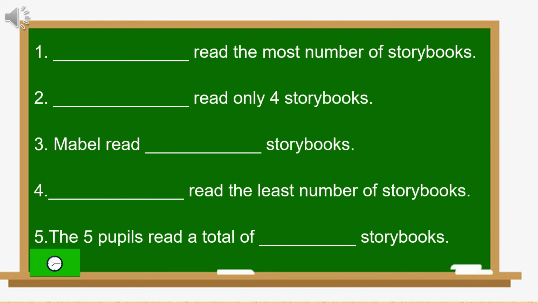Who read the most number of storybooks? Number 2. Who read only 4 storybooks? Number 3. Mabel read how many storybooks? Number 4. Who read the least number of storybooks? And number 5. The 5 pupils read a total of how many storybooks?